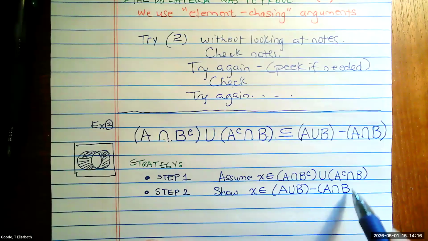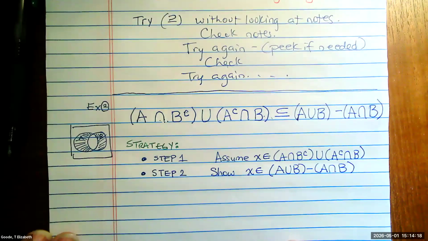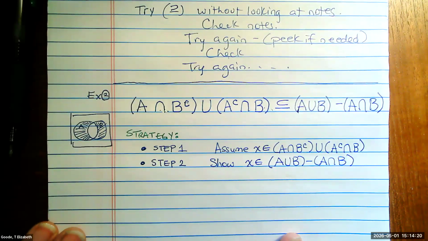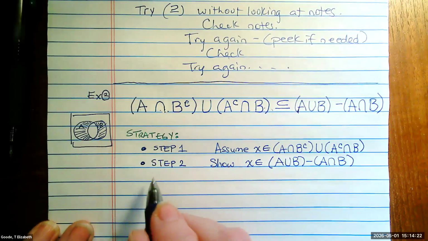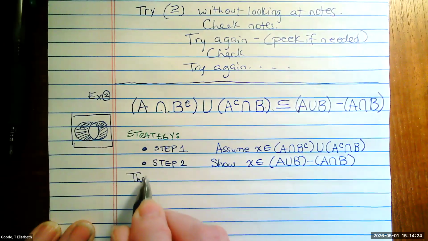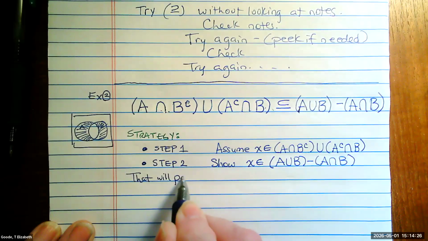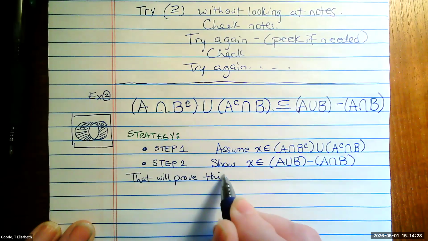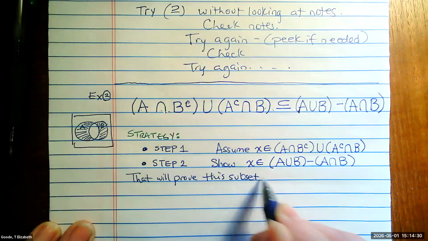We want to show that X lives in A union B minus A intersect B. That's exactly right. That will prove this subset inclusion.